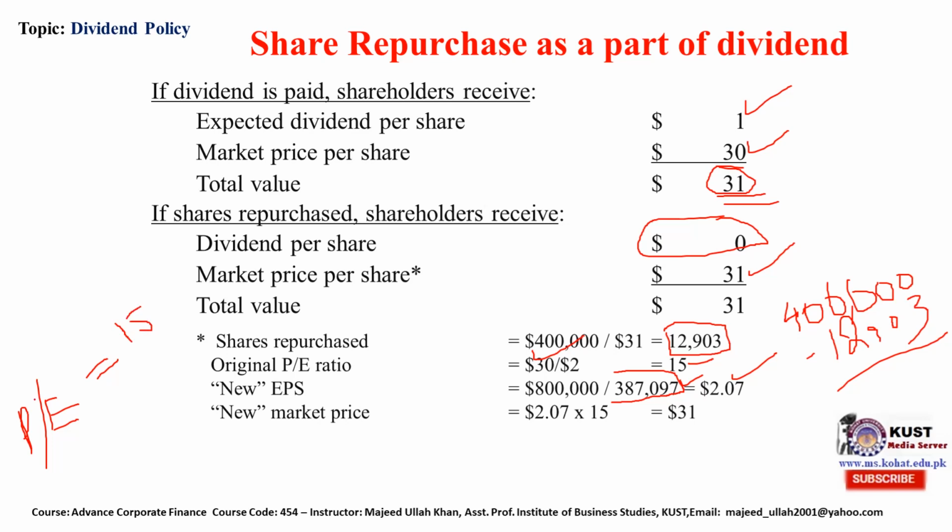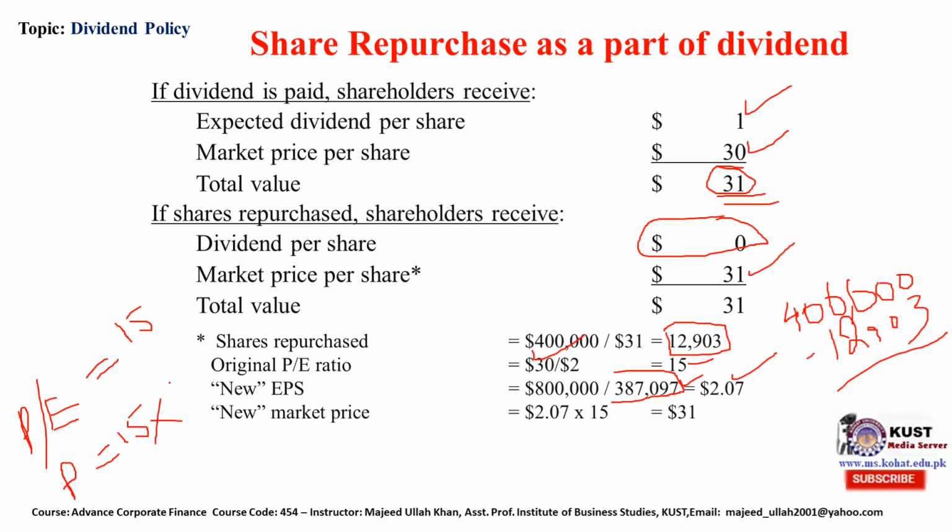If we have earning per share, we can calculate price equal to 15 multiplied by earning per share.